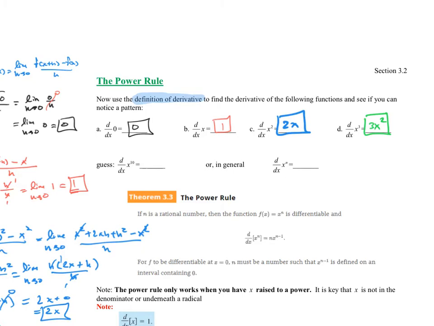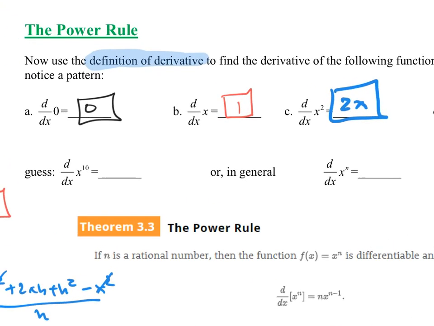The derivative of a constant is the same thing as the derivative with respect to x of x to the 0. That one's perfectly fine. How about the derivative with respect to x of x, which is the derivative of x to the 1. And when we got our answer, I want you to look at this as 1x to the 0.